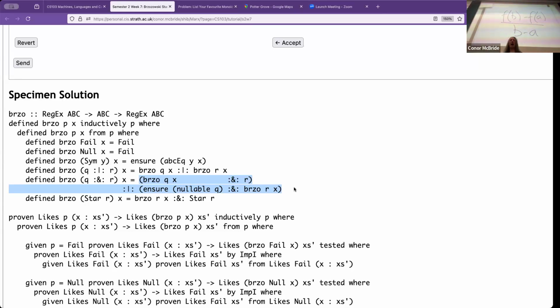And the difference always shows up in the case for multiplication. Because what's going on here is you'll always get the X's on the left in one branch of an or a plus, and the X's on the right. The difference is in the other cases. It's always what happens to the thing that doesn't have the X in it.